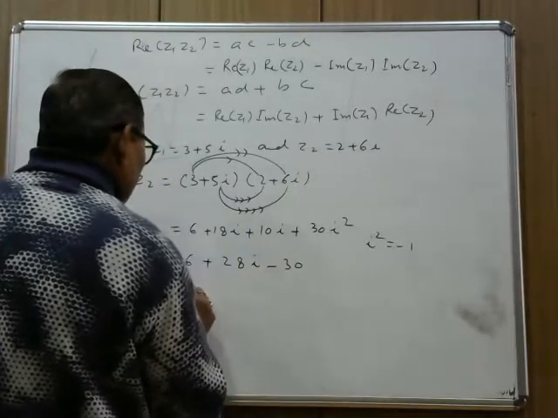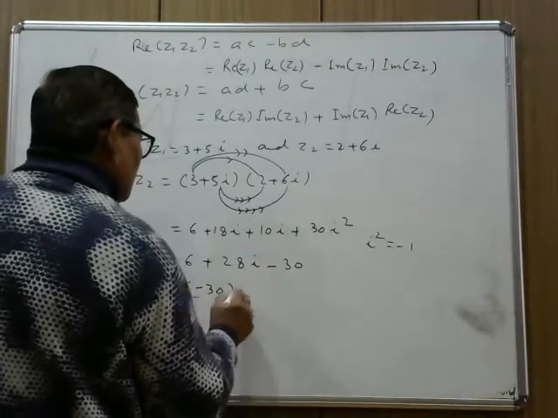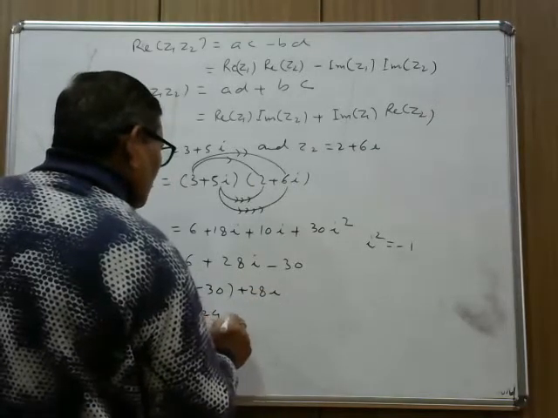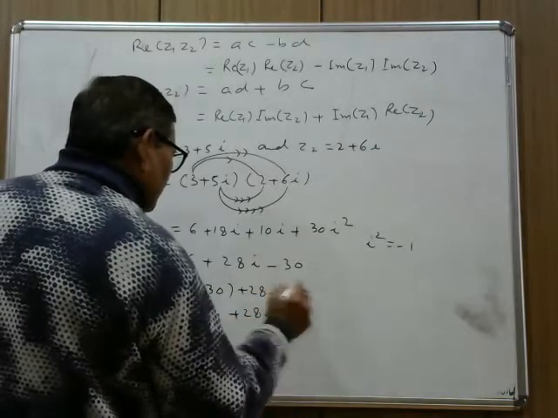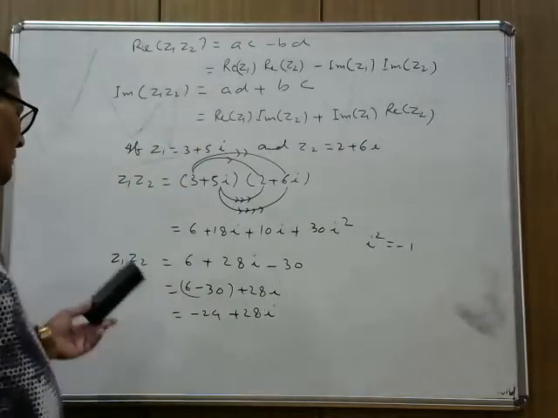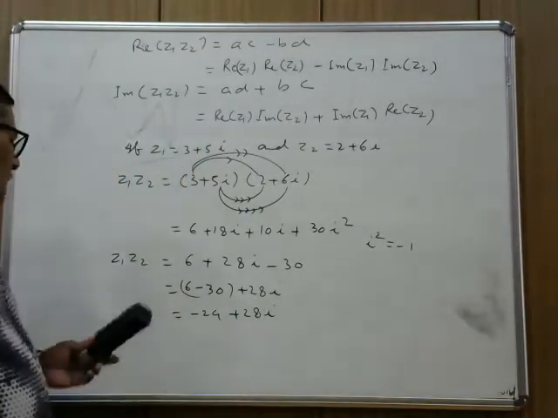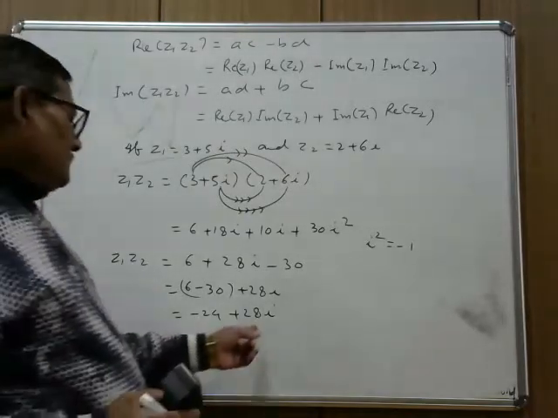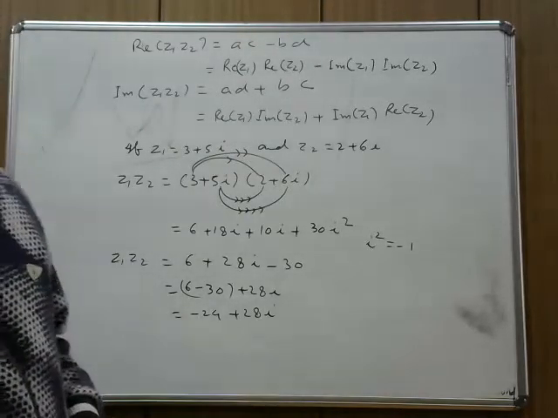You can write this as 6 minus 30 plus 28i, which is equal to minus 24 plus 28i. So the real part of Z1 Z2 is minus 24 and the imaginary part of Z1 Z2 is 28.